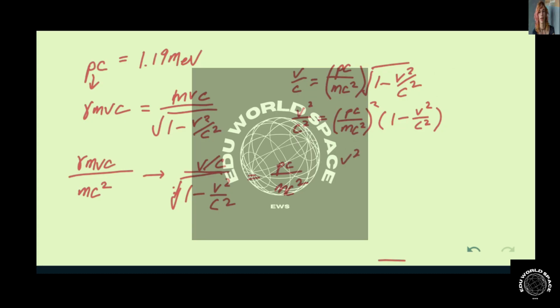Bring all the terms with v squared c squared to one side, and divide the factor away.